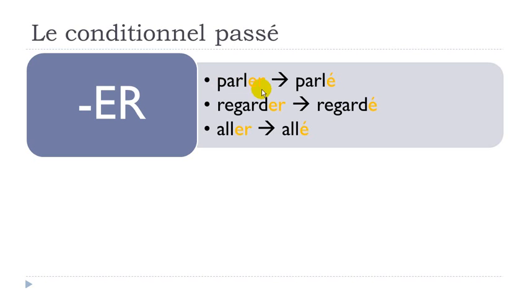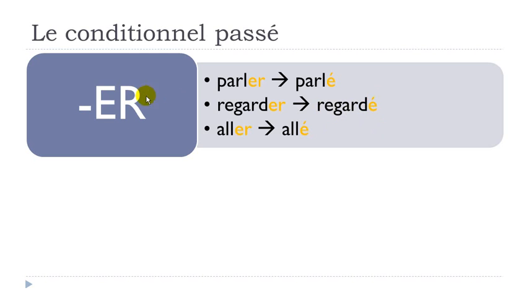And then the participe passé, so this past participle, will be like that, accent aigu. So parler, all right? Then the verb regarder, here, will follow the same rule. Regarder, like that, with the accent aigu.